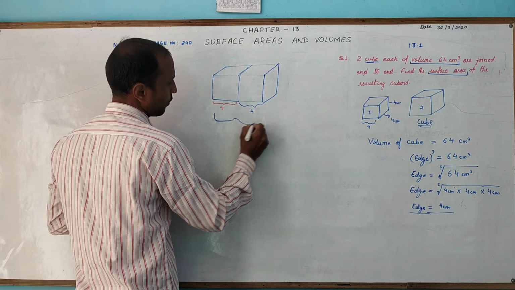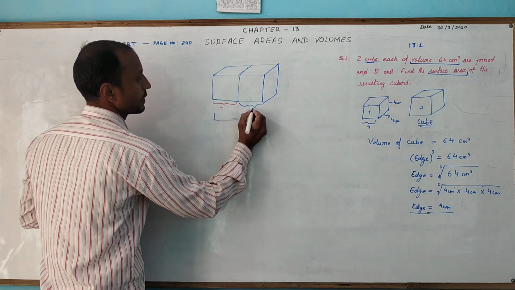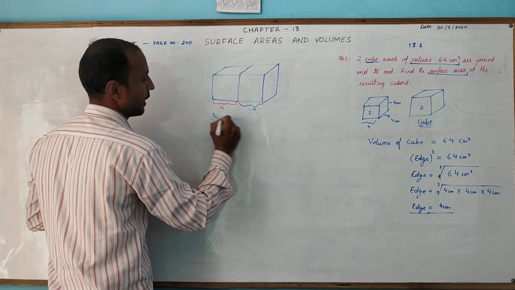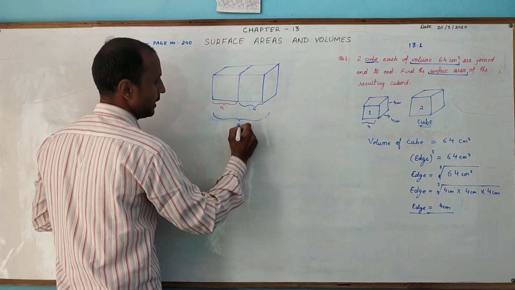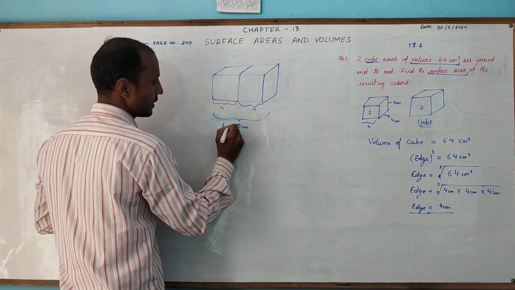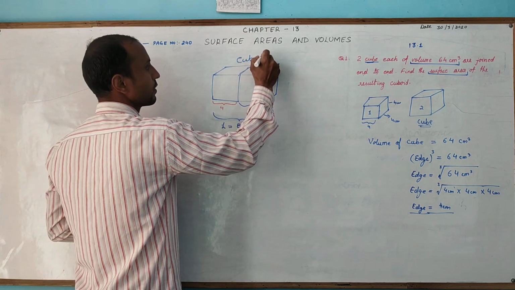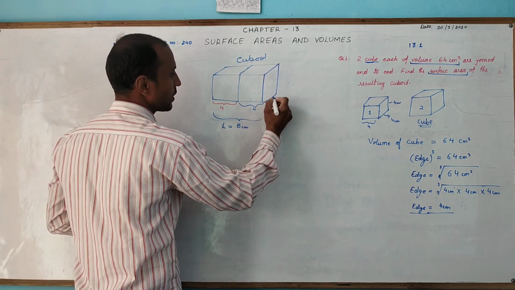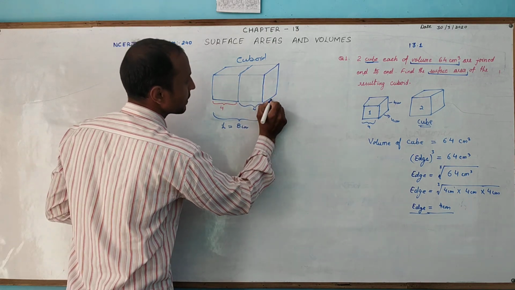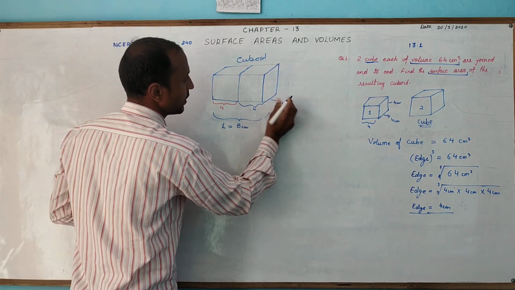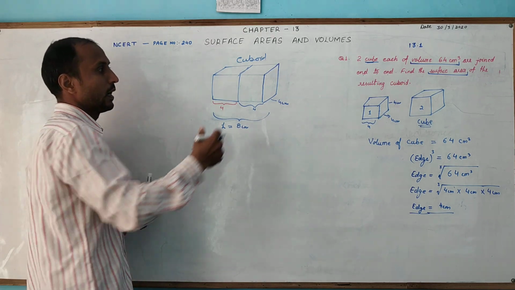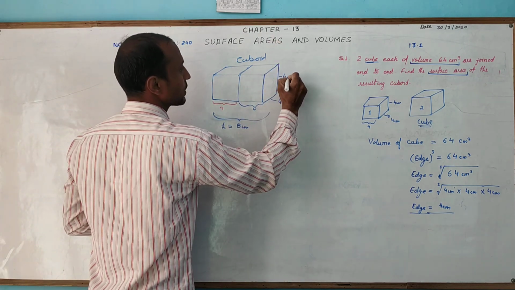So total is what? The total here is 8 centimeter. That total is the length of the cuboid because this figure is a cuboid. Now inside this part, this will remain 4 centimeter because there is no addition backside, and this height will be 4 centimeter.